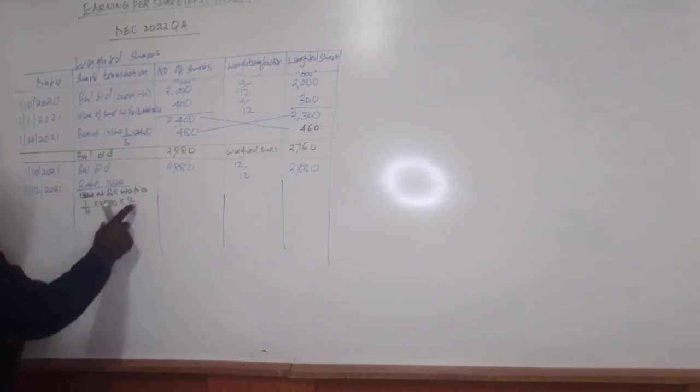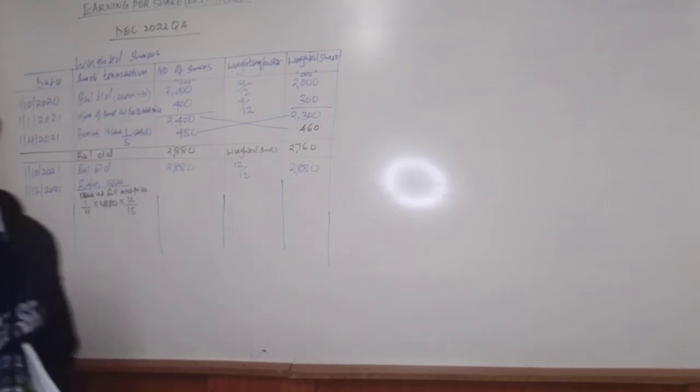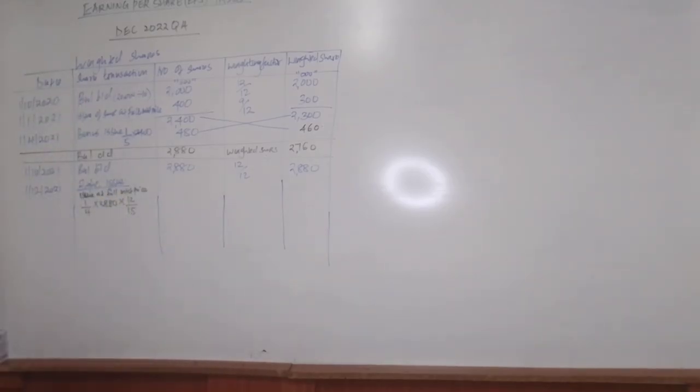So how many shares were issued at full market price? So let us see the shares which were issued at full market price. It is going to be 1 out of 4. Then you multiply by 2880.